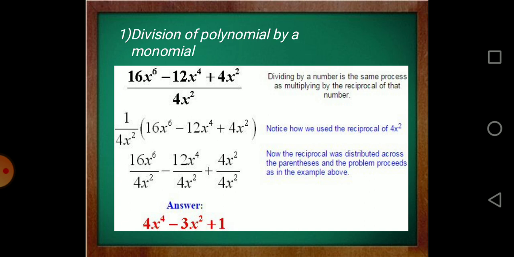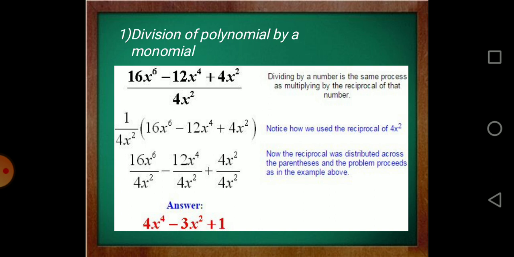From our lower classes, we have learnt that division of fractions means the denominator, when it comes up, becomes reciprocal. Similarly, the reciprocal of 4x square is 1 by 4x square. And this 1 by 4x square is multiplied by 16x power 6 minus 12x power 4 plus 4x square.